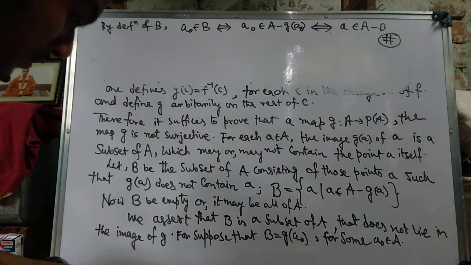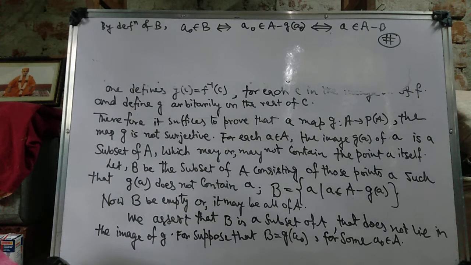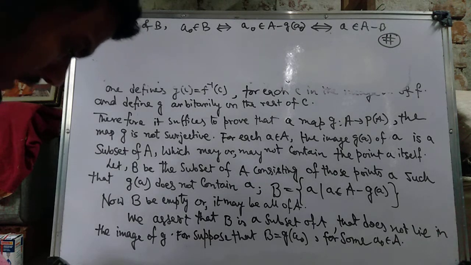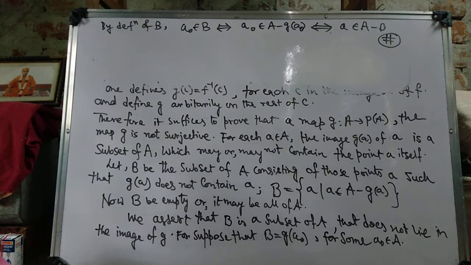First, if B is non-empty, then the existence of an injective map from B to C implies the existence of a surjective map g from C to B, defined arbitrarily on the rest of C. Therefore, it suffices to prove that for g from A to the power set of A, the map g is not surjective.